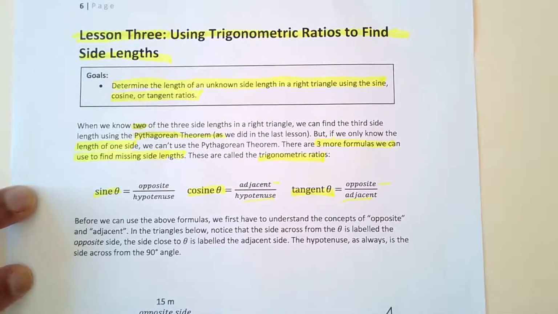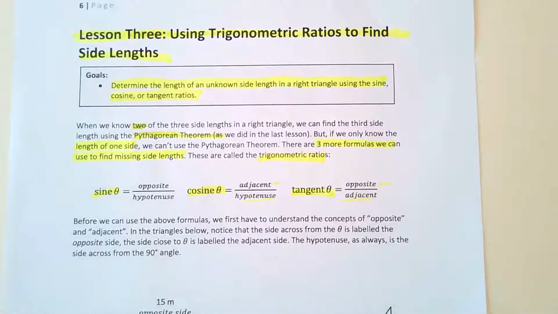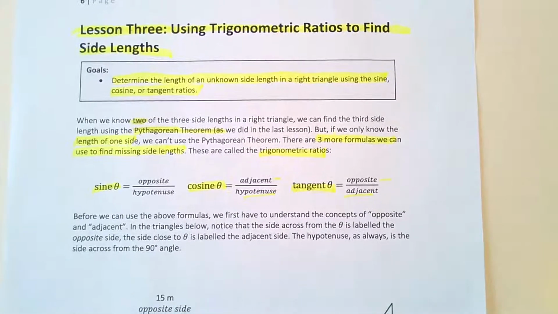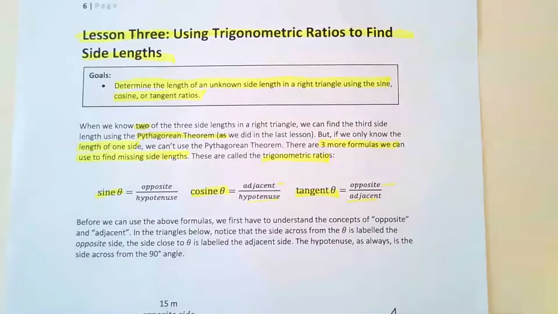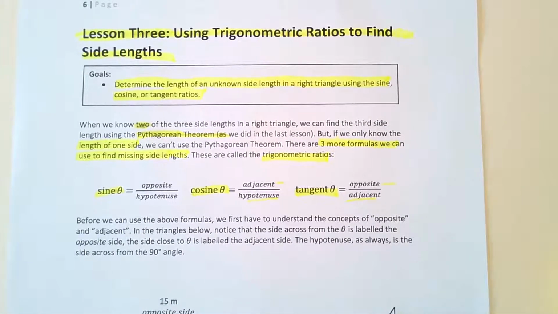But before we go into labeling the sides of a triangle and finding the missing side length when we know an angle and a side, we have to understand the concept of opposite, because that is very important for us to label our triangle and to find the missing side length.